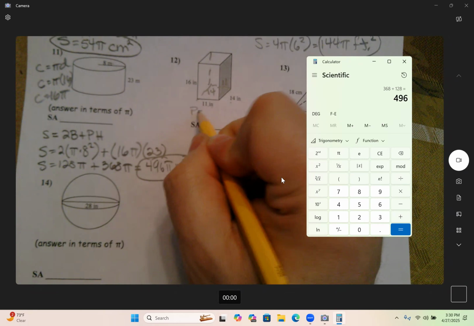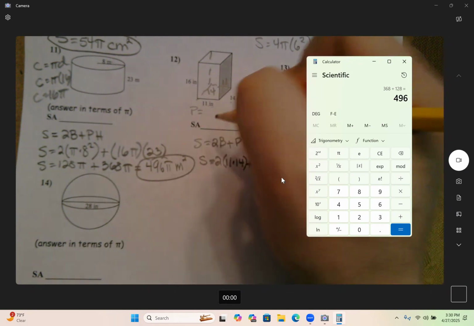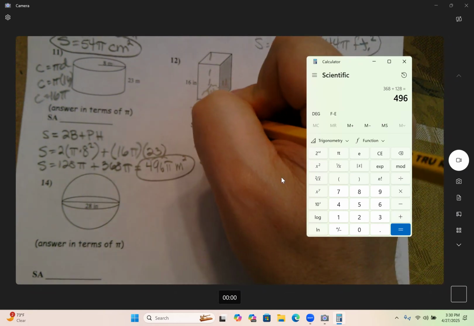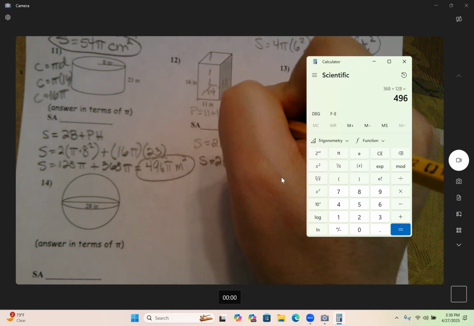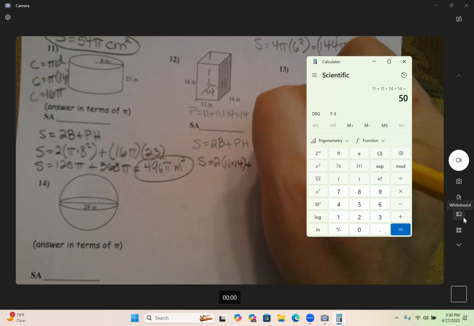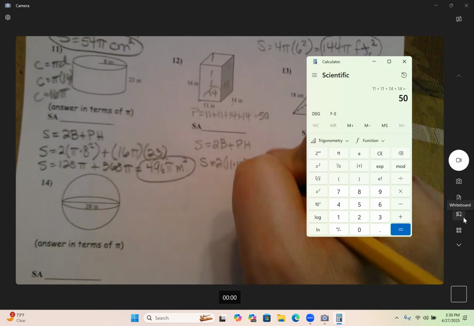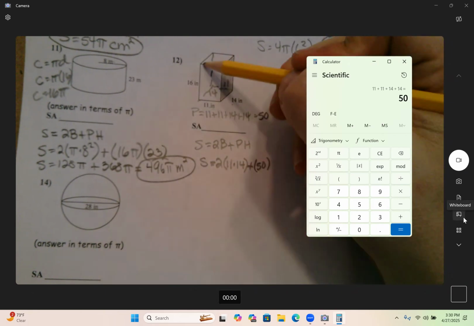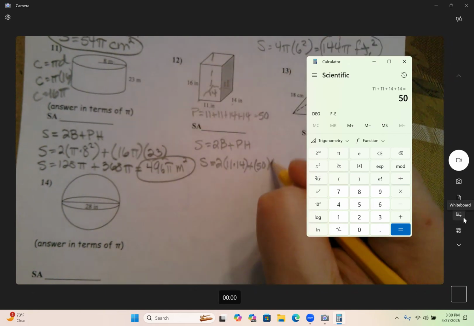So the perimeter of the base would be 11 plus 11 plus 14 plus 14, the four sides, add them up. Okay, so that is 50. So the perimeter of the base is 50. And then the height of the prism is 16.